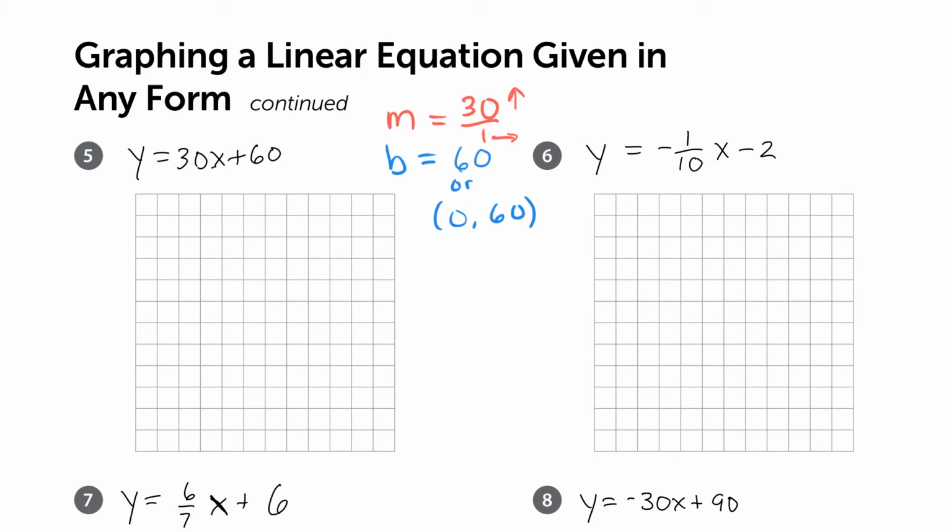Once we have all that, the next thing that we need to do is label the axes, which is what I'm doing right now. However, if I were to label these axes going by ones how I did in the previous problem, I would run into an issue.